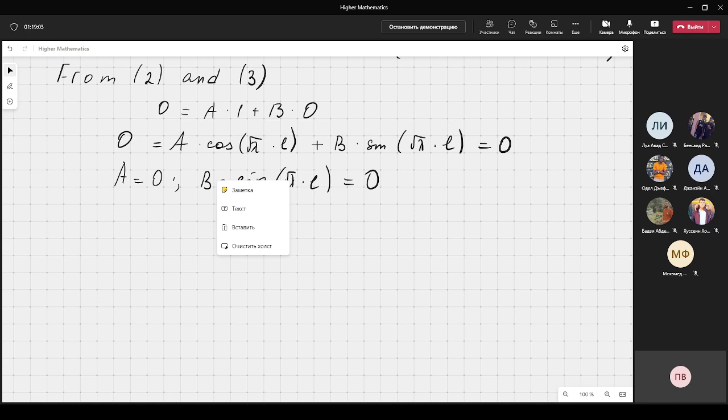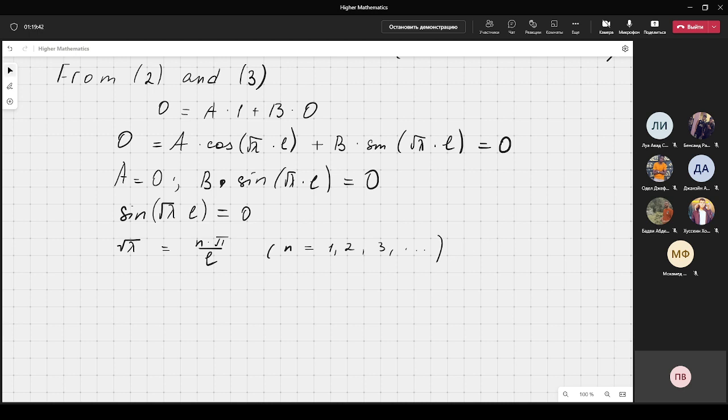Consequently, we must have sine of square root of lambda times L equals 0. Whence square root of lambda can be only n times pi over L, where n must be a natural number, that is 1, 2, 3, etc. Formula 12.